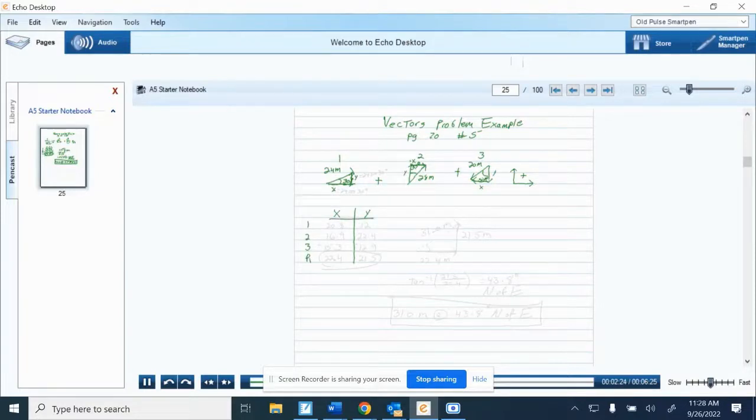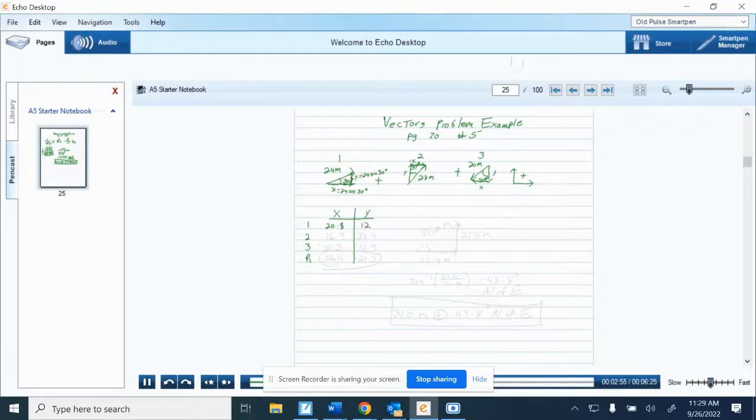If I use trig to find the x component of vector 1, it's going to be 24 times the cosine of 30 degrees because it's the side adjacent to the angle. So 24 times cosine of 30, and I get 20.8 basically. Then the y component is going to be 12 because it's 24 sine of 30, and the sine of 30 degrees is 1/2.